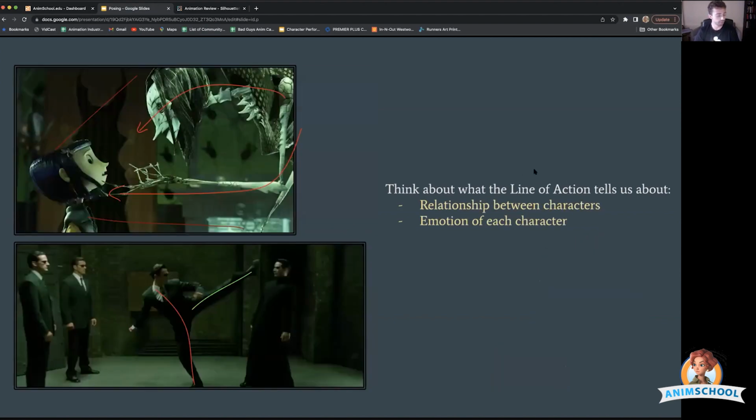So we also want to think about what the line of action tells us about the relationship between two characters in the shot and the emotion of each character. So yeah, the mother is higher in frame, which makes her feel more in control. Her head and her body is coming up over Coraline, but then she has this spindly arm that creates this other line of action that's coming from below, right?